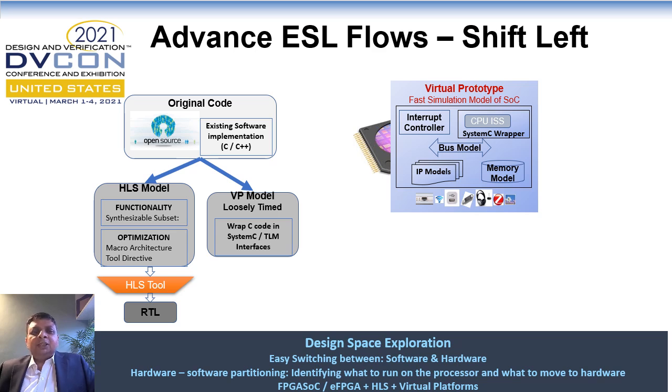With the same existing implementation we can refine it to make it synthesizable for HLS, or we can wrap it in TLM and SystemC and further use modeling techniques like temporal decoupling and loosely timed to create the models for virtual prototyping. And further we can try to reuse the test bench and the test cases across these two different kinds of models.